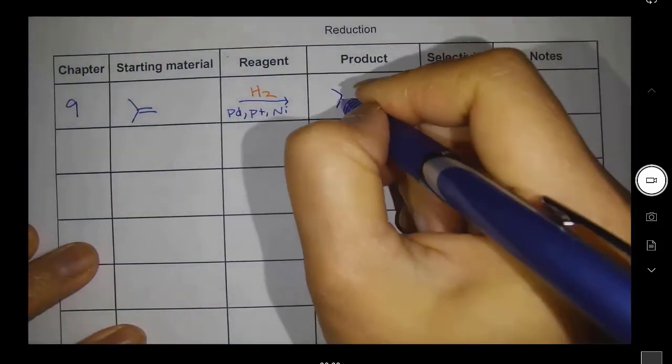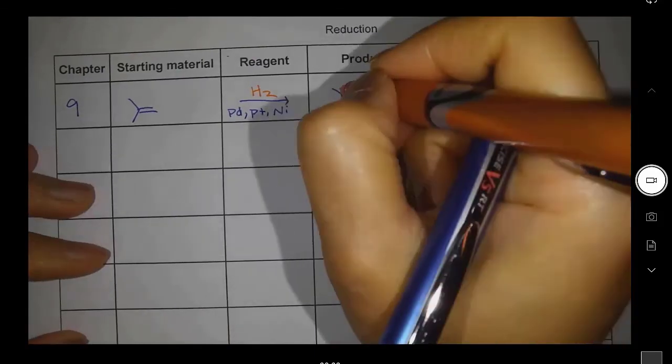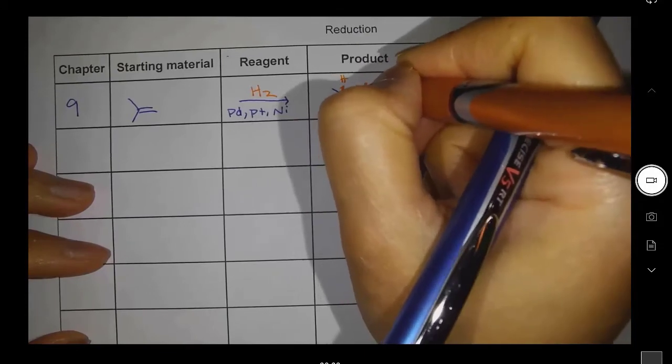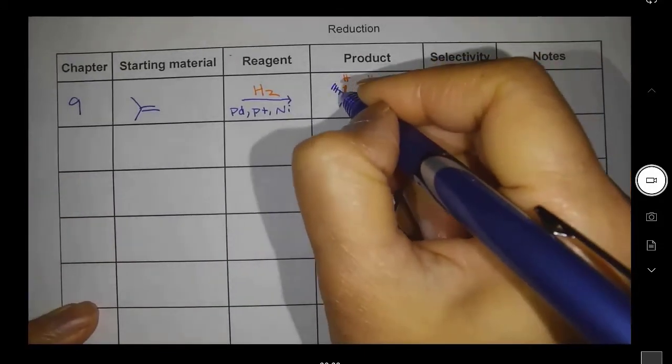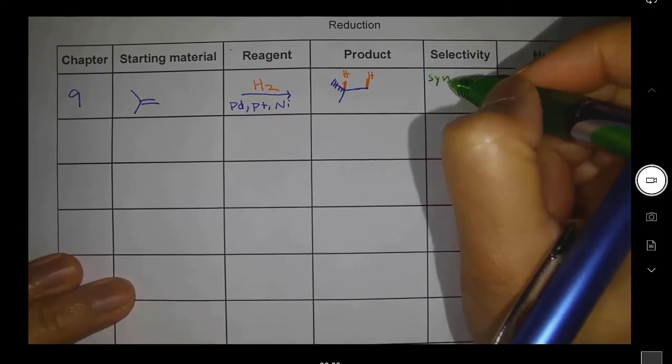And these reactions usually are done with hydrogen gas inside of a balloon that is put onto a flask. And these will add on the same side to each other. So this one is a syn addition.